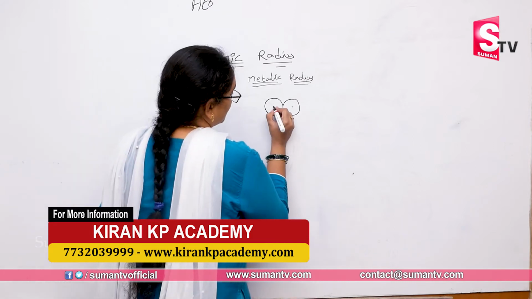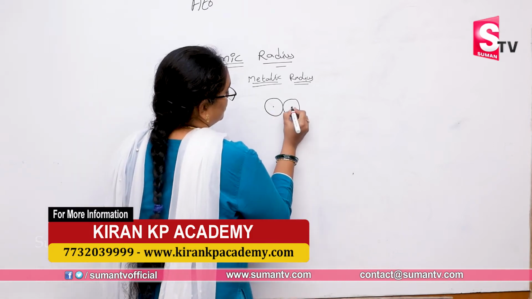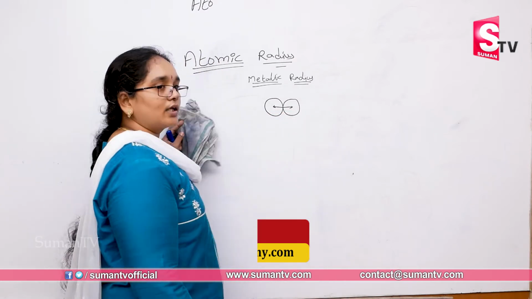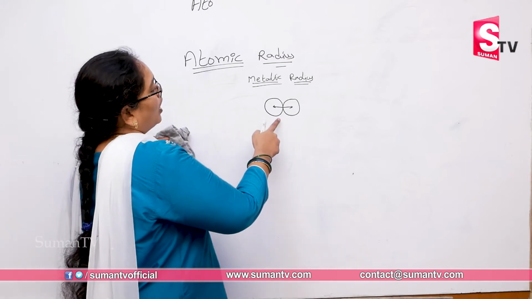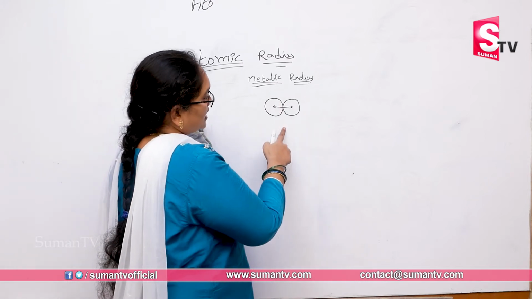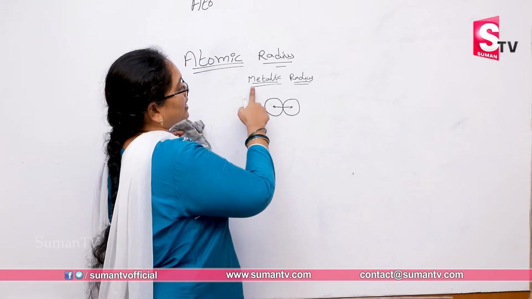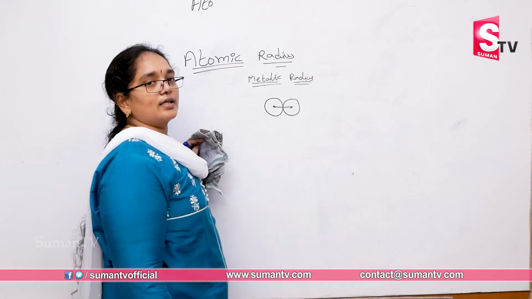This is the nucleus of this atom and this is the nucleus of that atom. This distance we call the internuclear distance. Half of the internuclear distance between two adjacent atoms of a metal crystal is called the metallic radius.